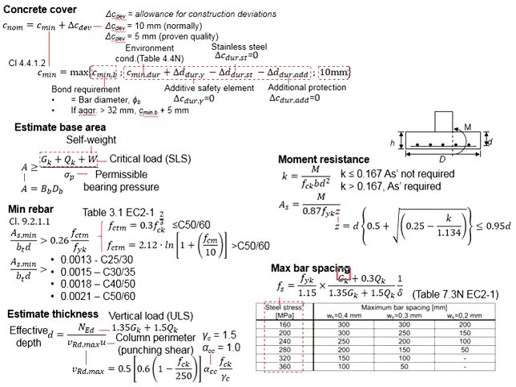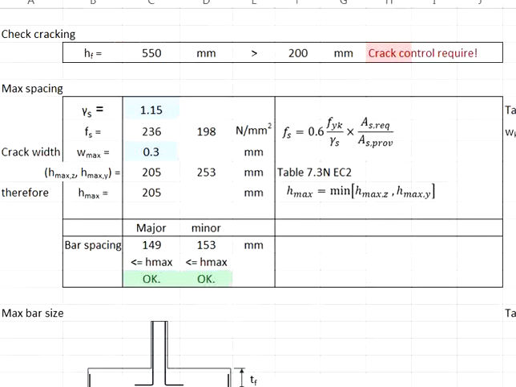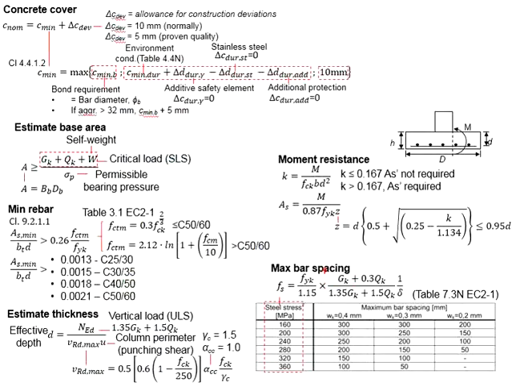Not knowing what is GK and what is QK, we are unable to generate this number. Therefore, in this case, we will assume the ratio is equal to 0.6, assuming the quasi-permanent load is about 60% of the ultimate limit state load.